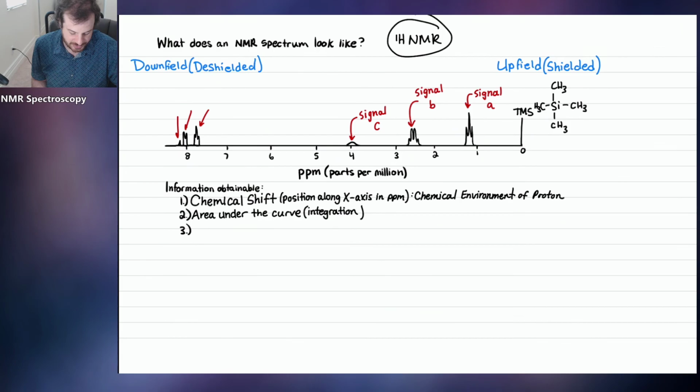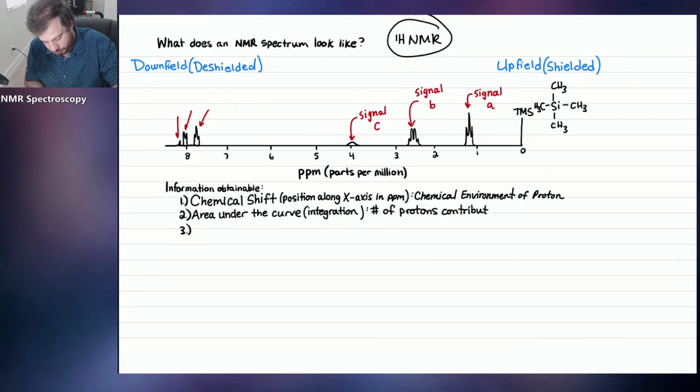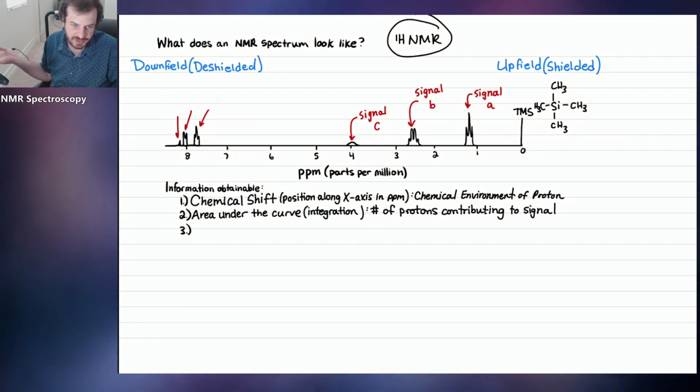The integration, the area under the curve, tells us how many protons contribute to the signal. Are there 1 proton, 2 protons, 3 protons? How many protons are contributing to that signal? That area under the curve will tell us that.